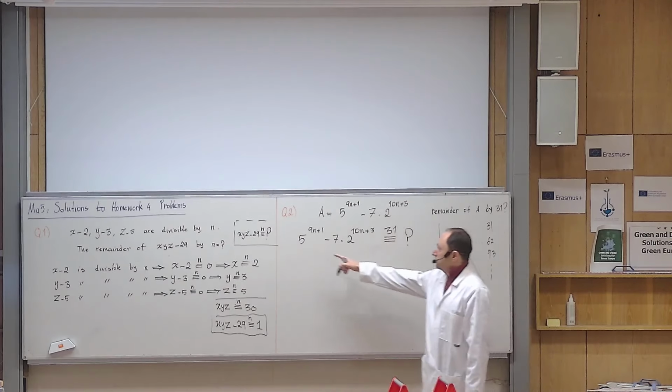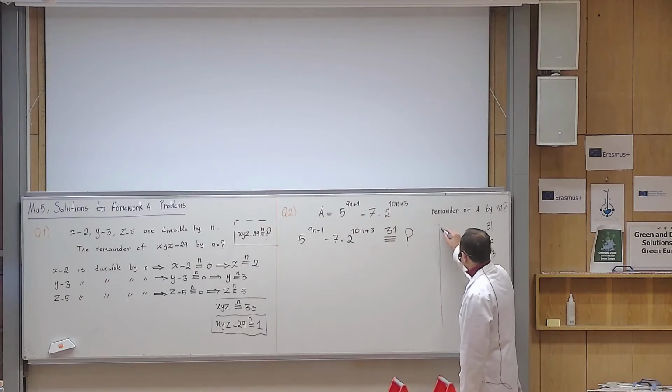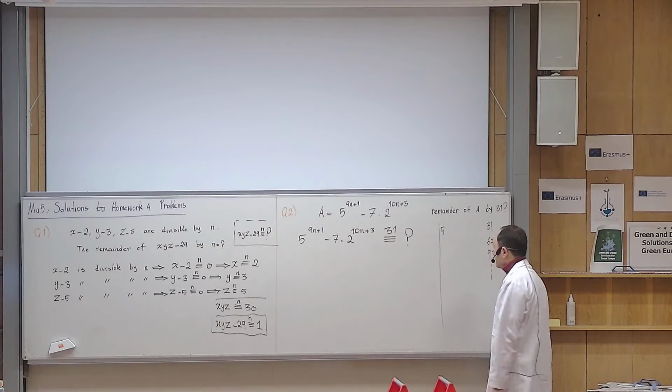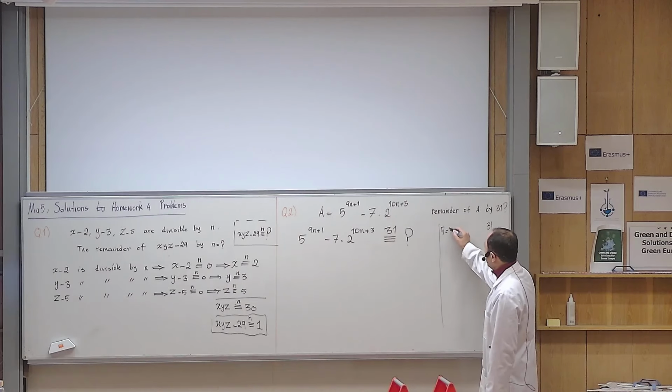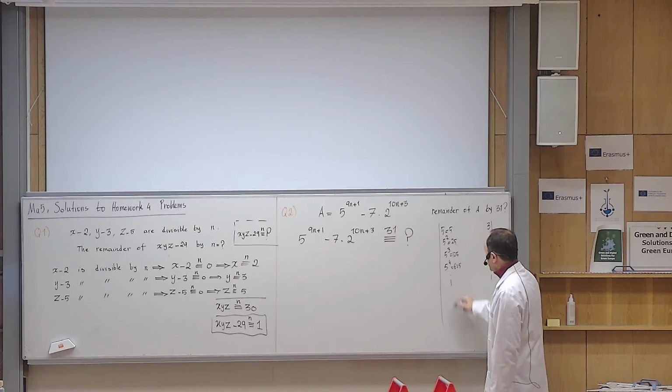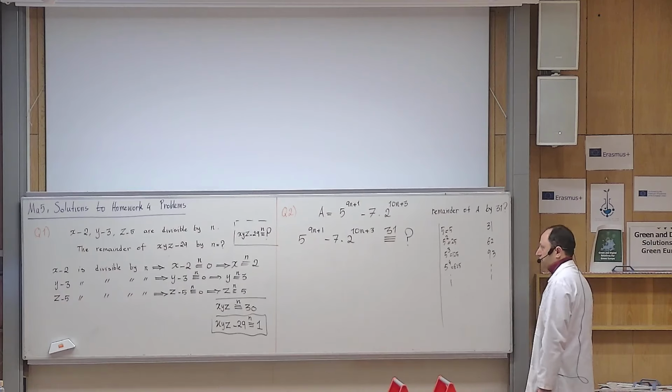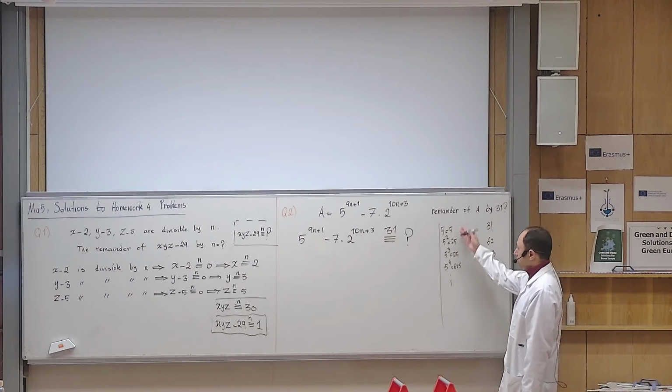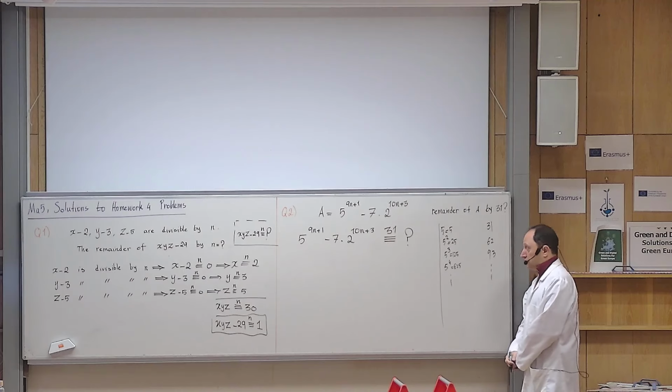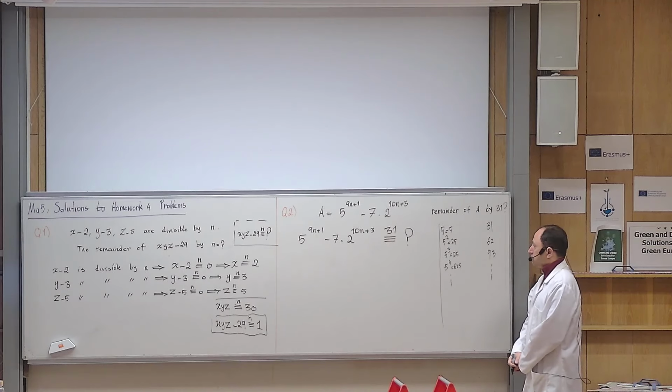Let us concentrate on 5 now, and write powers of 5 here. 5 to power 1 is 5, 5 to power 2 is 25, 5 to power 3 is 125, 5 to power 4 is 625, as much as you can. Don't go much further, because by experience I know that these are at the level of your course. It shouldn't be hard to find them.